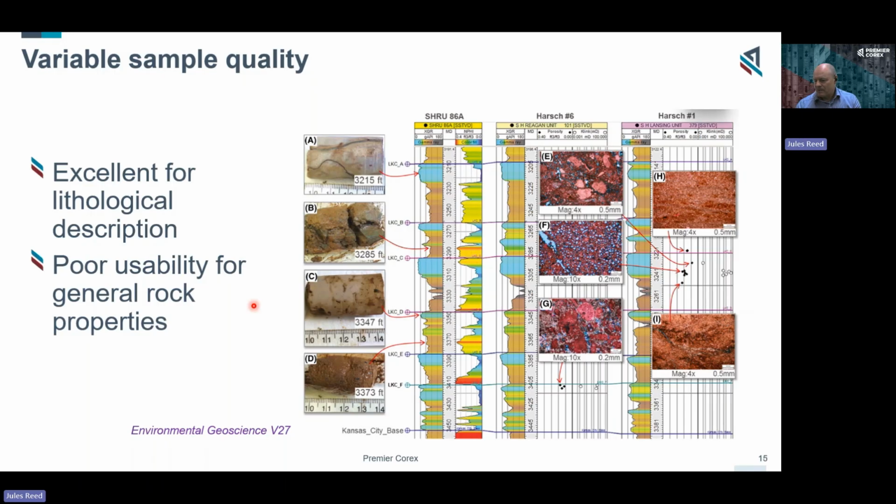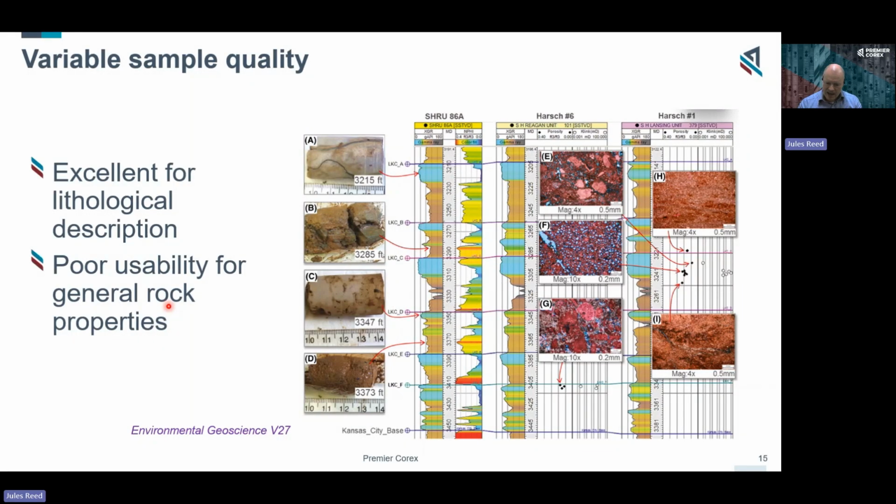For these cores, they're excellent for looking at the lithological description, looking at XRDs and describing the pore system that's present, but they're going to be of relatively limited usability for general rock properties. And depending on the quality of the sidewall cores obtained, that's a general rule of thumb.